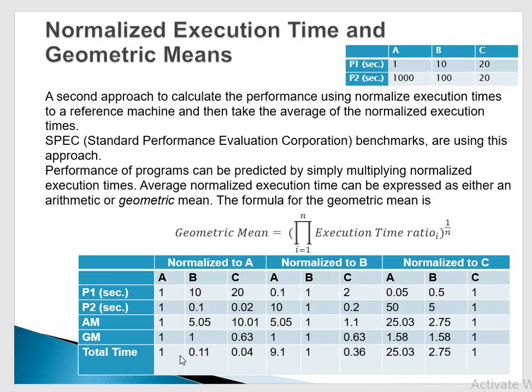This is the method used to compare the performance of more than one computer, in which we can consider one computer as a reference computer, and the performance of the other computers can be evaluated on the basis of the known reference computer by using normalized execution time and geometric mean.